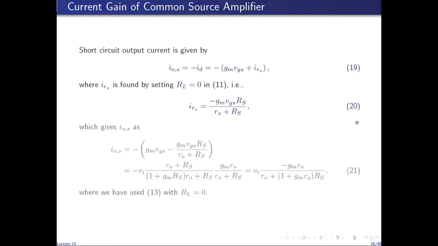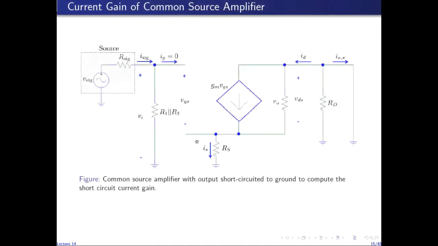So replacing RL with 0 in the expression for VGS and putting the resulting expression back in here, we get IOS in terms of VI through this factor. R naught plus RS is cancelled with R naught plus RS, so we are left with this factor. So the short circuit current gain can be found by taking the ratio of IOS to VI, and then by observing that VI is actually I sig times RI.